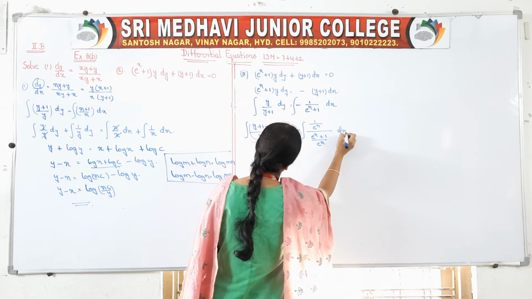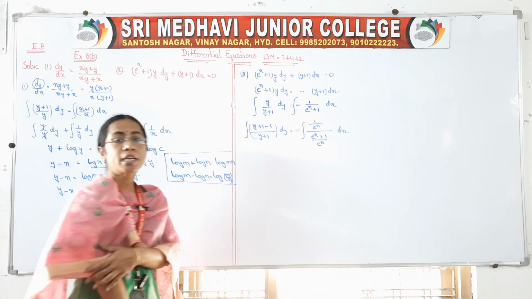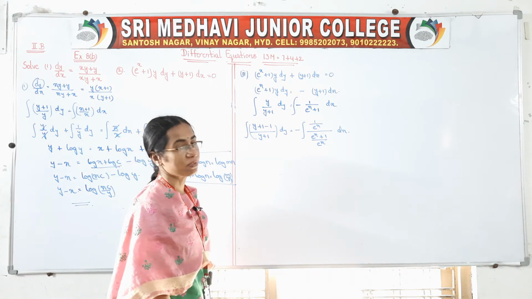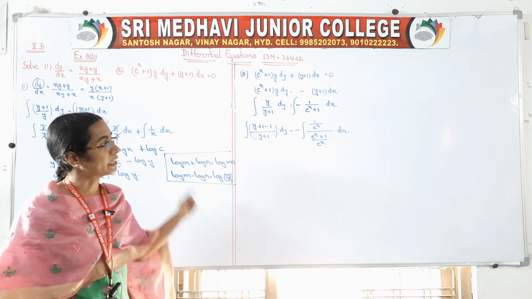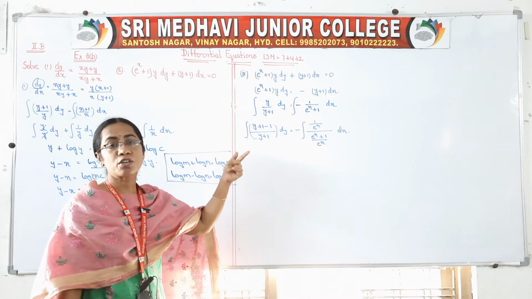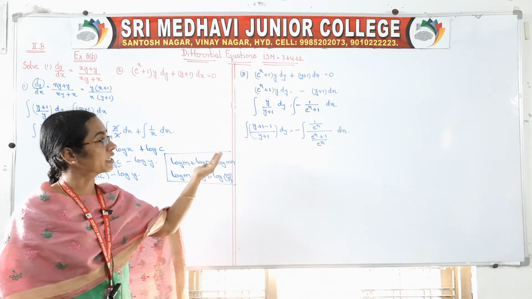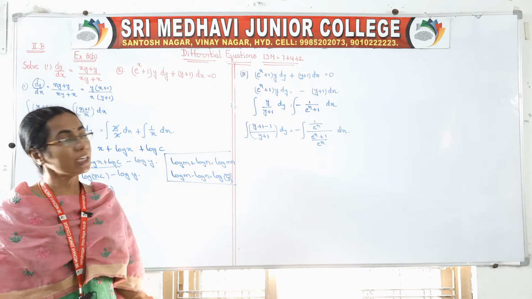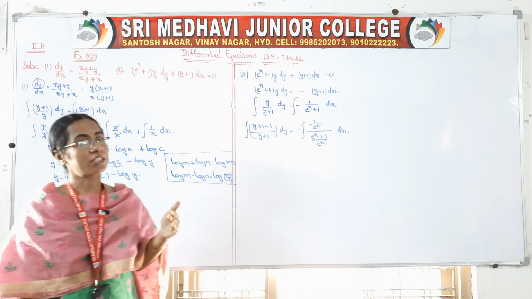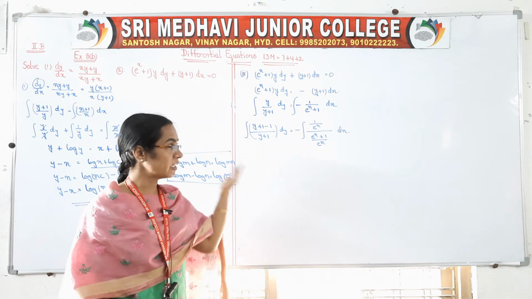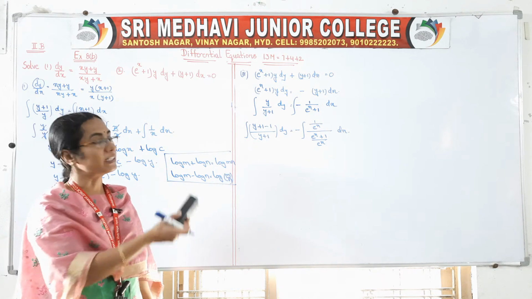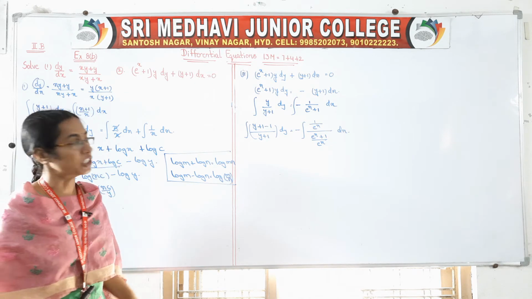Already we solved one problem, a 2 marks problem in integrals, integral 1 by e to the power of x plus 1 dx. There I said first you divide the numerator and denominator with e to the power of x and then solve, and we will get the answer. Okay, so same thing we are doing. Actually all the formulas which you get in your integrals, again we are getting here. If you are perfect with integrals, you can easily solve differential equations.